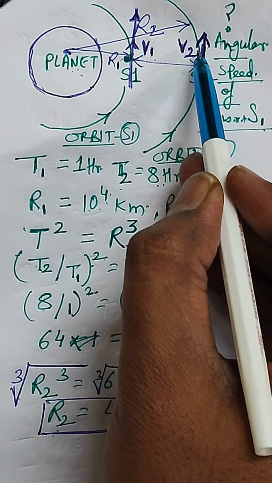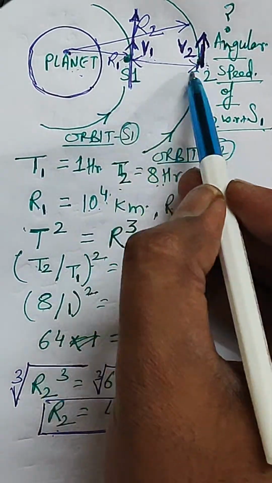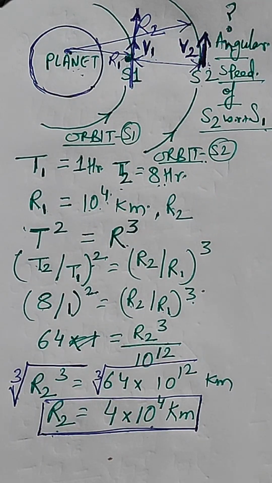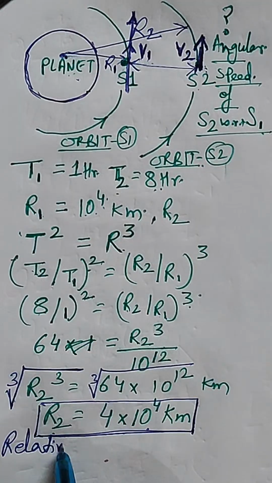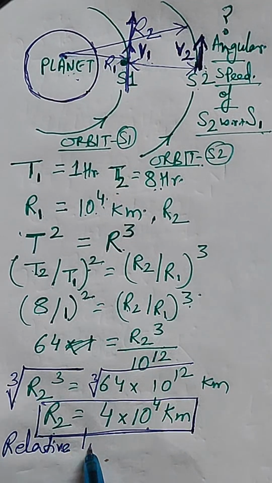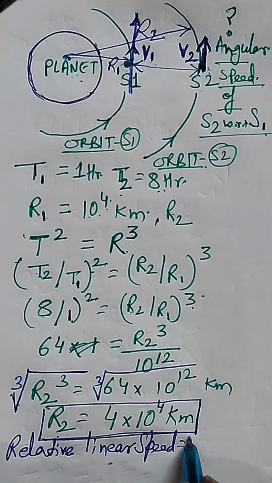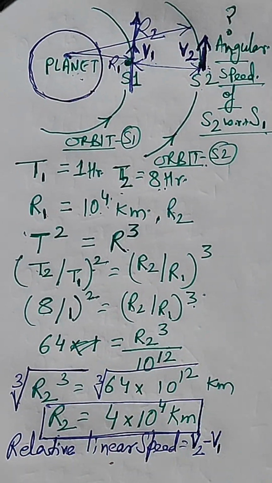Hence the relative speed of s2 with respect to s1 will be v2 minus v1, isn't it? Relative linear speed is equal to v2 minus v1.